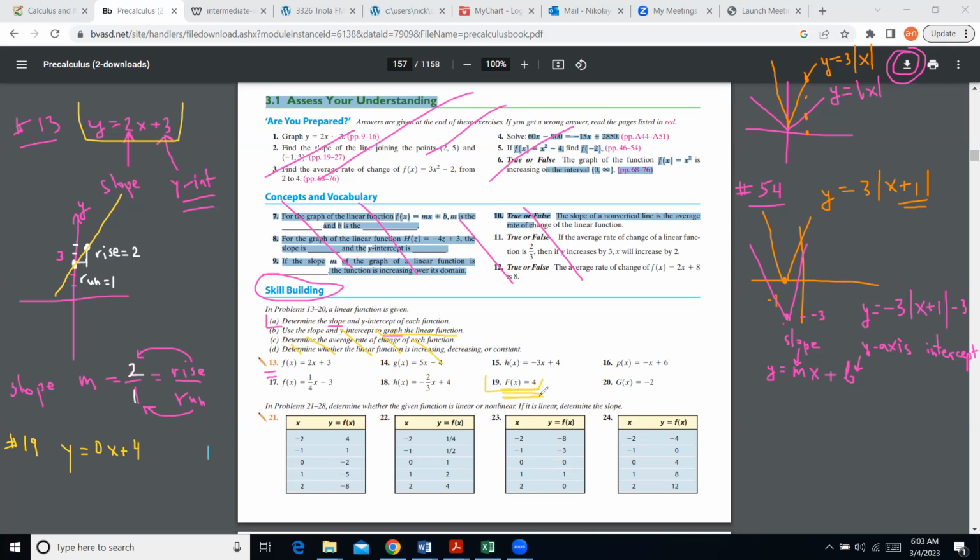So where is x? Well, x disappeared simply because the slope of this line happened to be 0. A line with a 0 slope turns out to be a horizontal line.